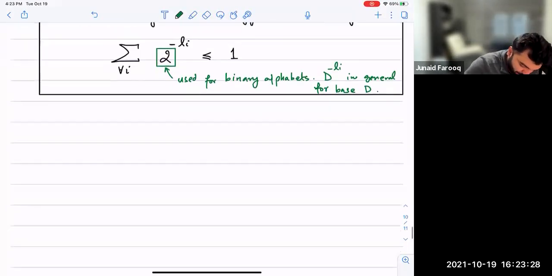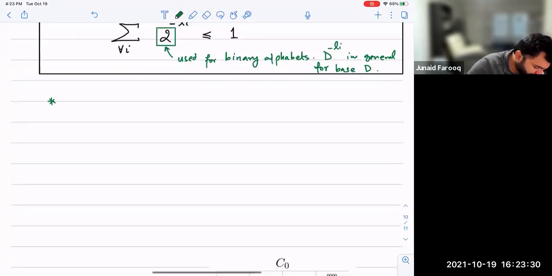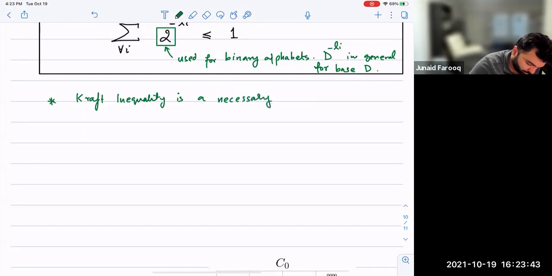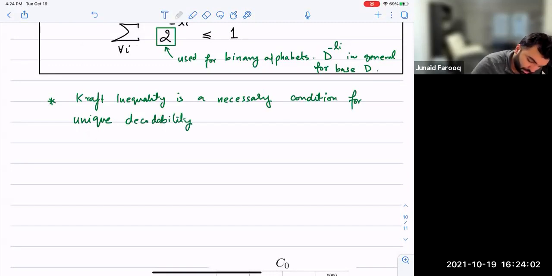Now, a quick remark is that Kraft inequality is actually a necessary condition for unique decodability. But you have to make sure you know that this is not sufficient.